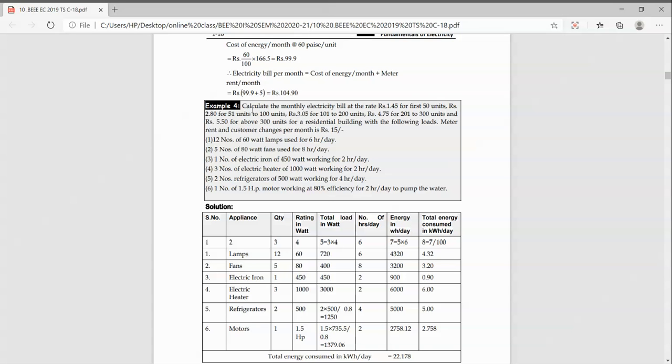Meter rent and customer charges are rupees 15 per month.